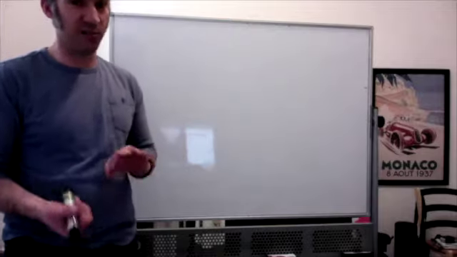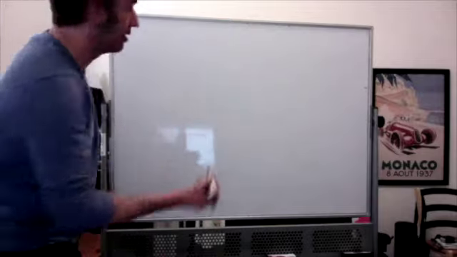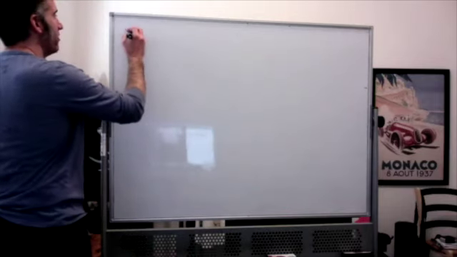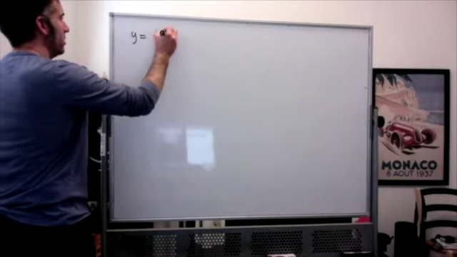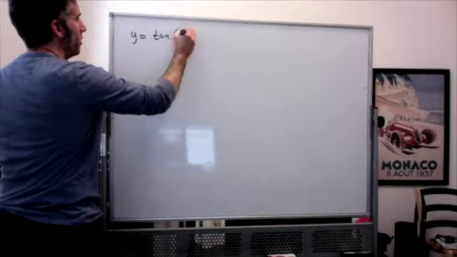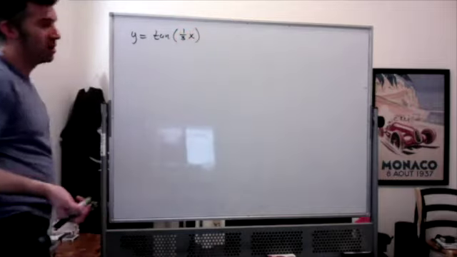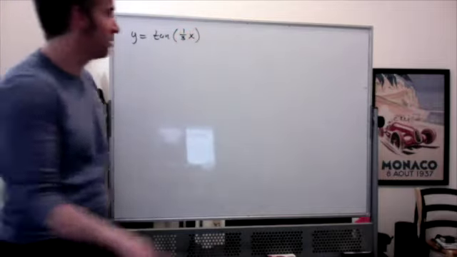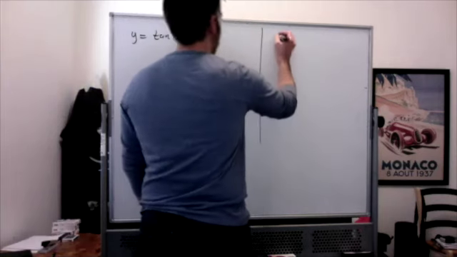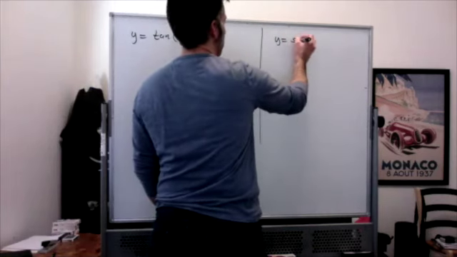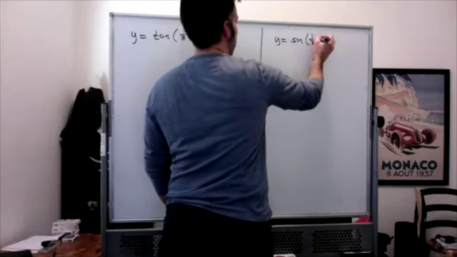And typically changing the period is the thing we really do for tangent. So if I want to graph, say, y equal to tangent of 1/3 x, well, the same rules apply as for sine and cosine.